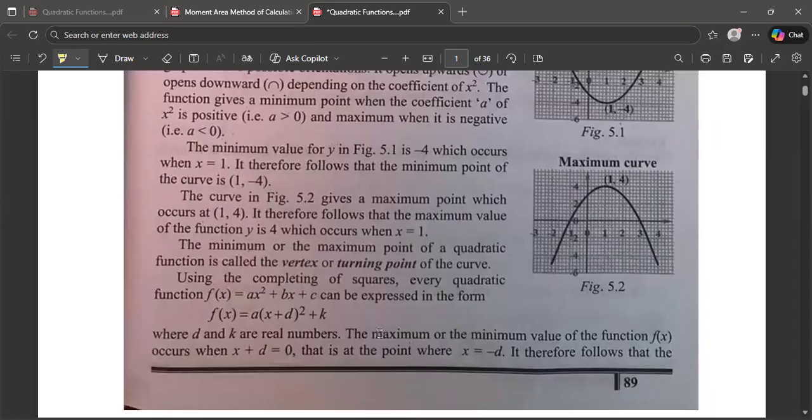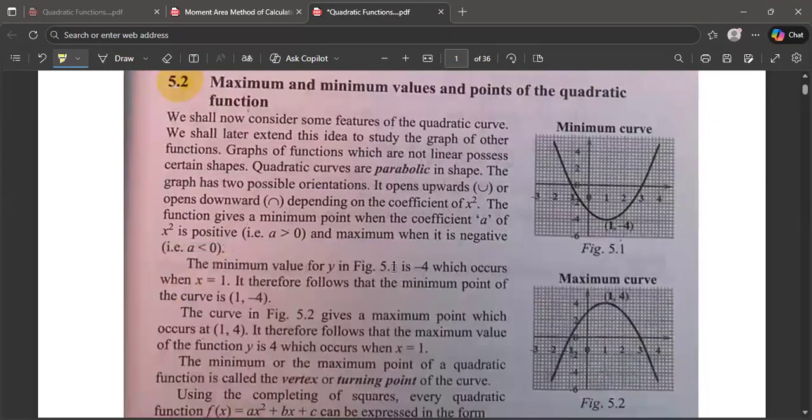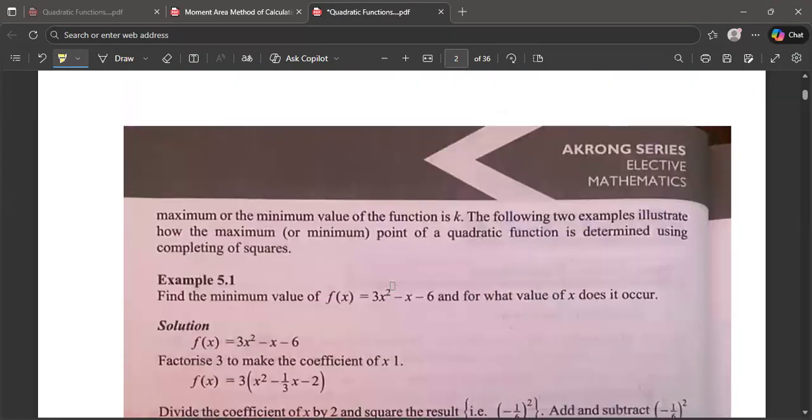The minimum or the maximum point of a quadratic function is called the vertex or turning point of the curve. Using completing the square, every quadratic function f of x equals ax squared plus bx plus c can be expressed in the form f of x equals a(x plus d) squared plus k, where d and k are real numbers.